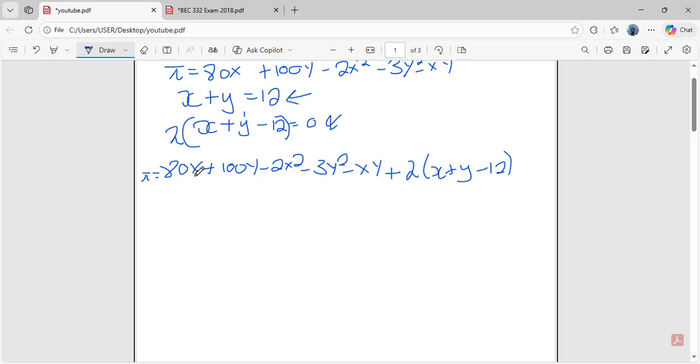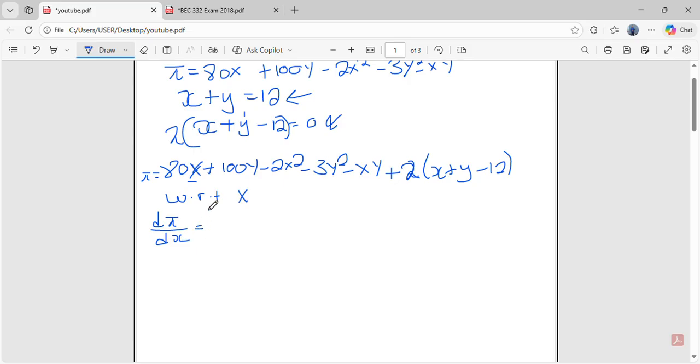We differentiate each and every variable appearing in this equation. We first differentiate with respect to x, so we say d pi over dx.